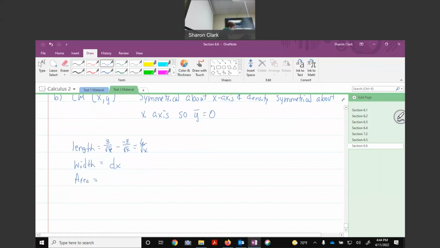Area is 6 over the square root of x dx. dm equals delta times the area, which is 1 over x times 6 over the square root of x dx.